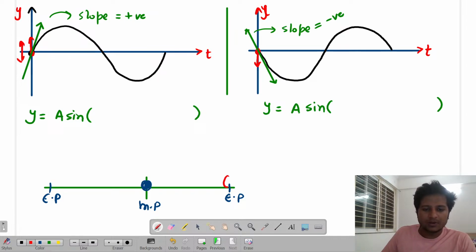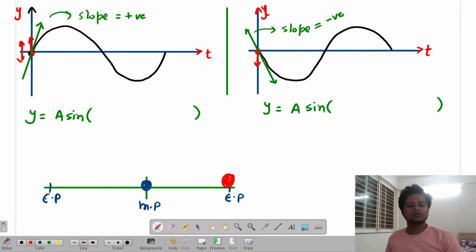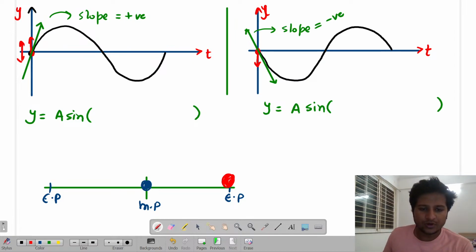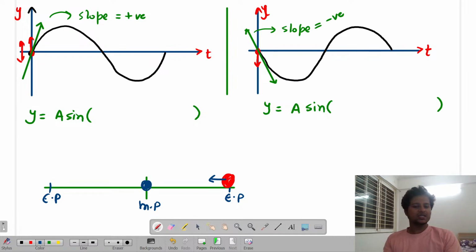Now I stretch the particle till the extreme point, till where I stretched it. Okay, so tell me, if this particle is at the extreme point, then what you will see, this particle has a velocity along which direction? Opposite direction. Along which direction?